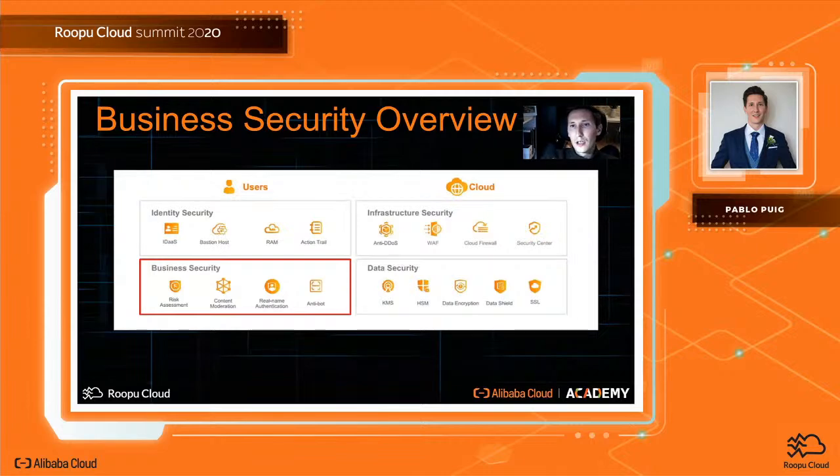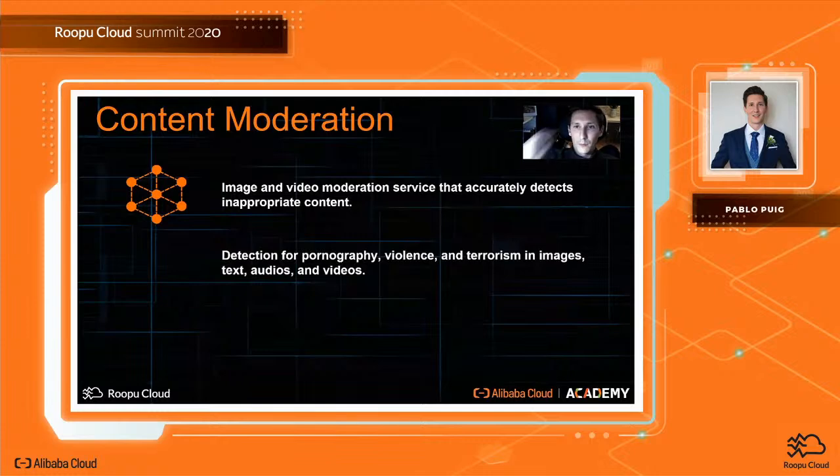So now, let's continue with the business security services. Let's talk about content moderation, which is an intelligent multimedia content recognition service that supports detection of images, videos, texts, and audio. In other words, content moderation is used to recognize objects in your videos, images, texts, or audio that you don't want to have.